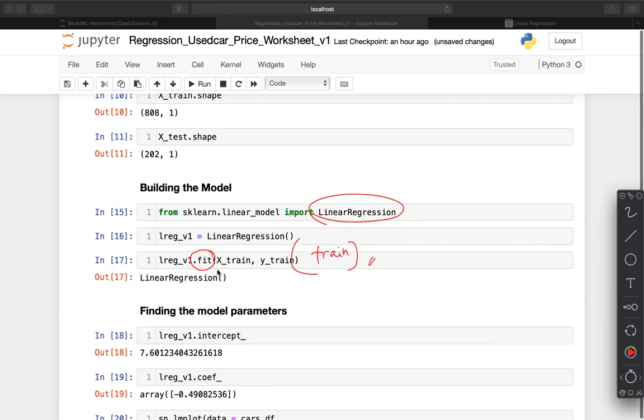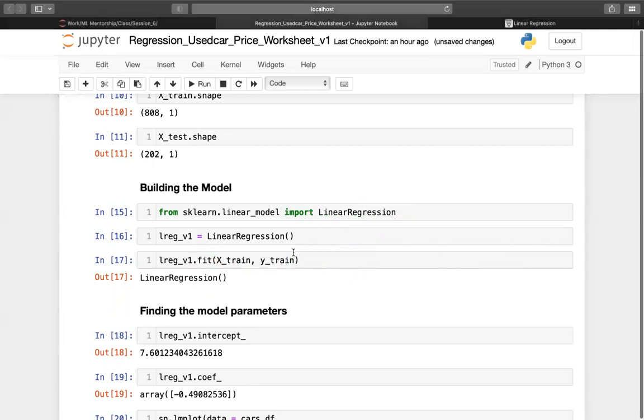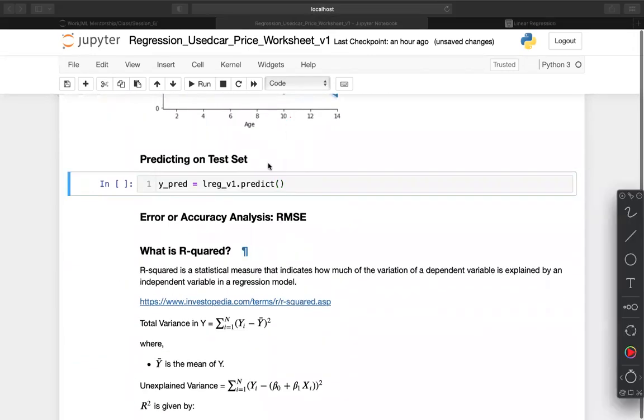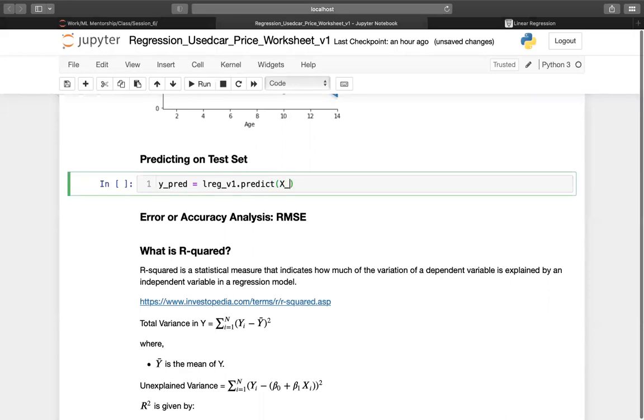And then it will also have a function called predict, which will apply the trained model to the test data and give you the predicted value of y. So if I pass x_test here, because I'm going to predict the value, that will give me the y_pred.